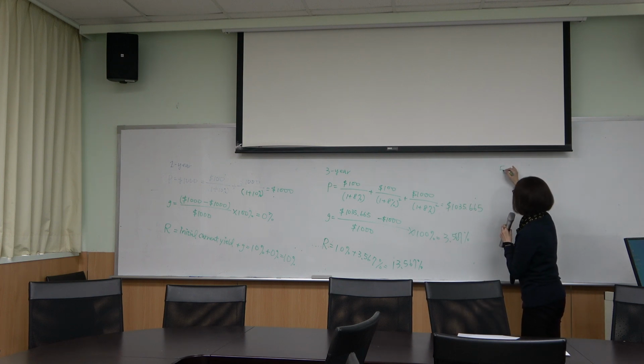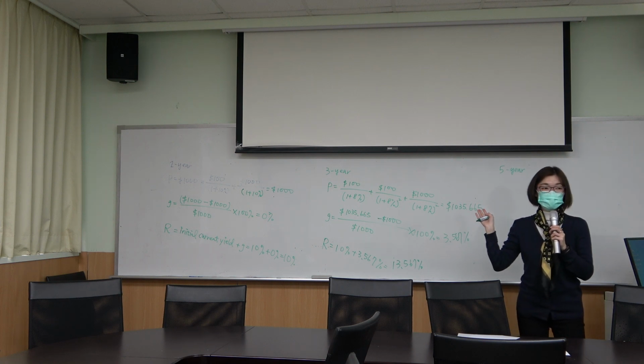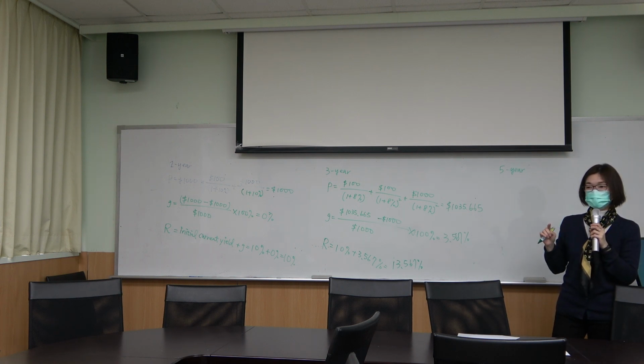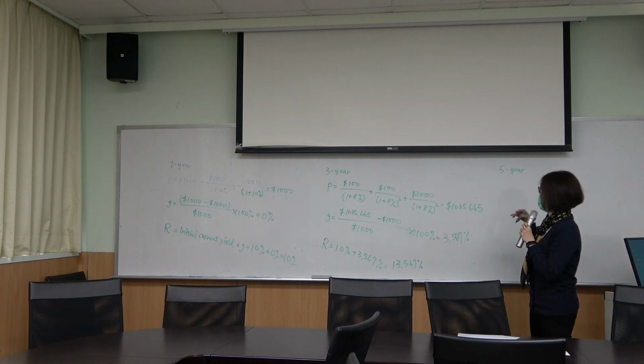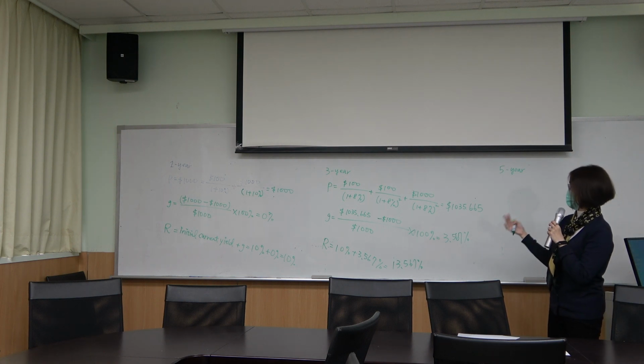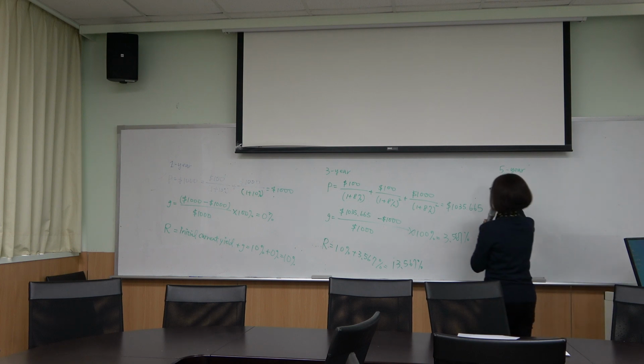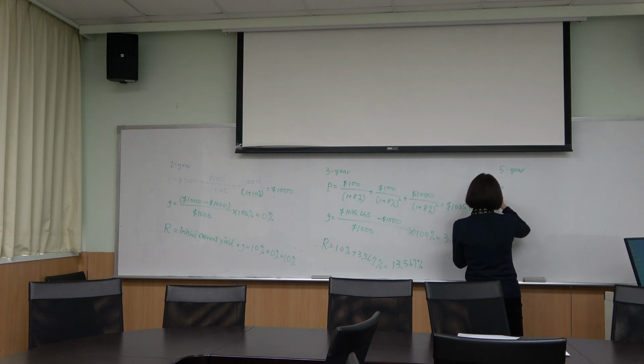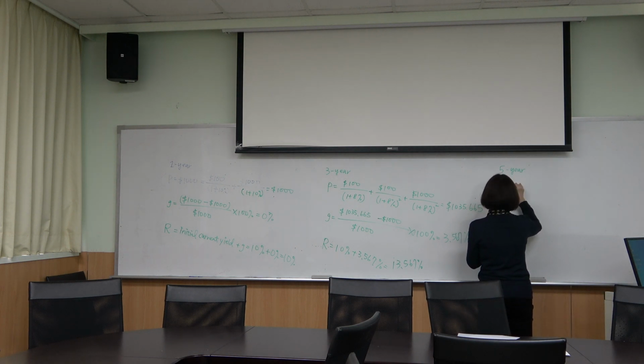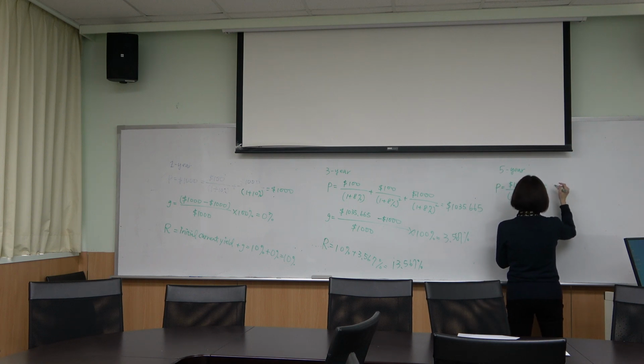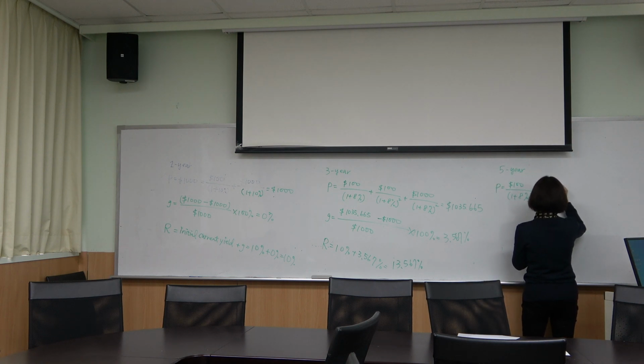Then 5 year. Okay, the 5 year bond, we just hold it for 1 year. So the number of remaining years is 4. To calculate the price, we just discount $100 for the remaining 4 years.